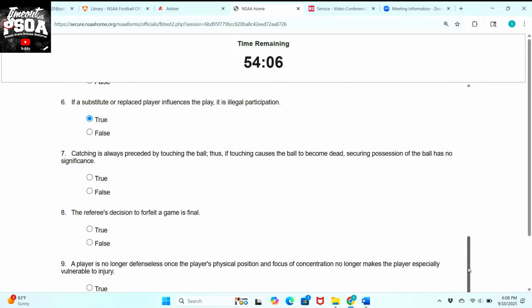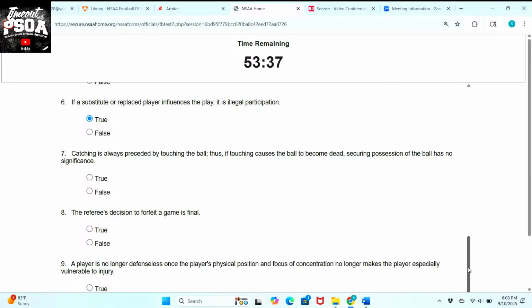Okay. Catching is always preceded by touching the ball. Thus, if touching causes the ball to become dead, securing possession of the ball has no significance. Touching causes the ball to become dead.